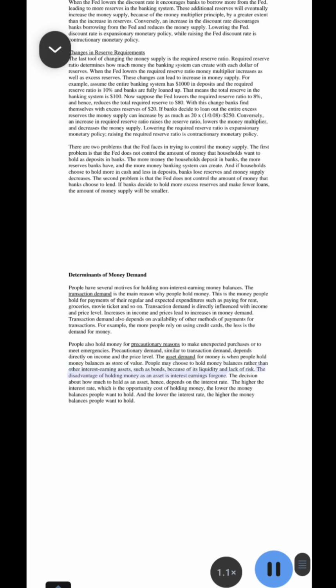The disadvantage of holding money as an asset is the interest earnings foregone. The decision about how much to hold as an asset, hence, depends on the interest rate. The higher the interest rate, which is the opportunity cost of holding money, the lower the money balances people want to hold. And the lower the interest rate, the higher the money balances people want to hold.